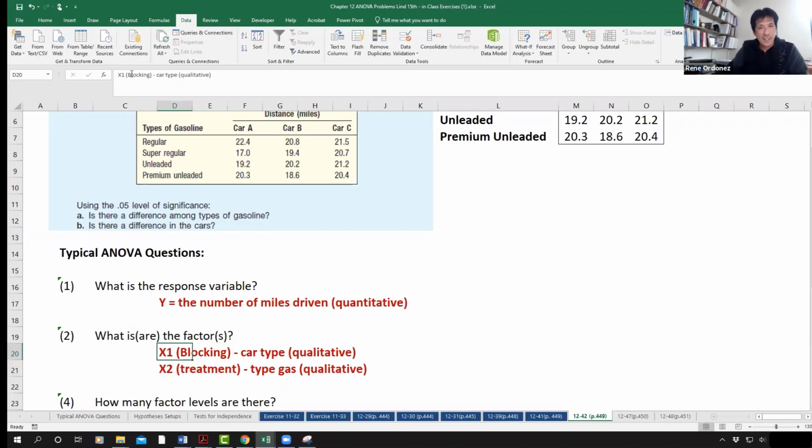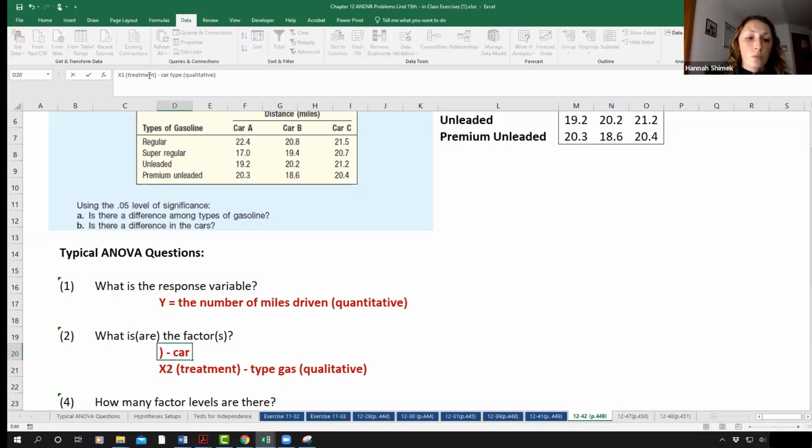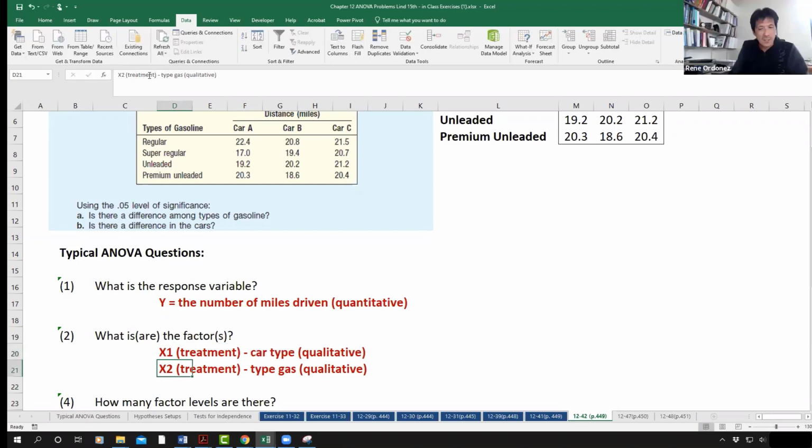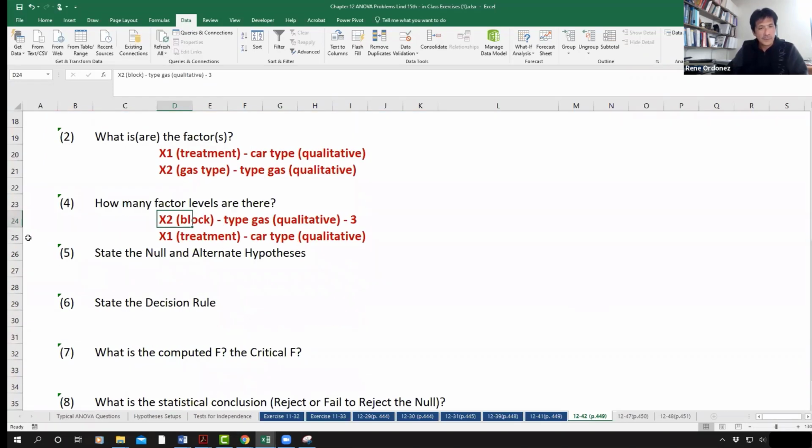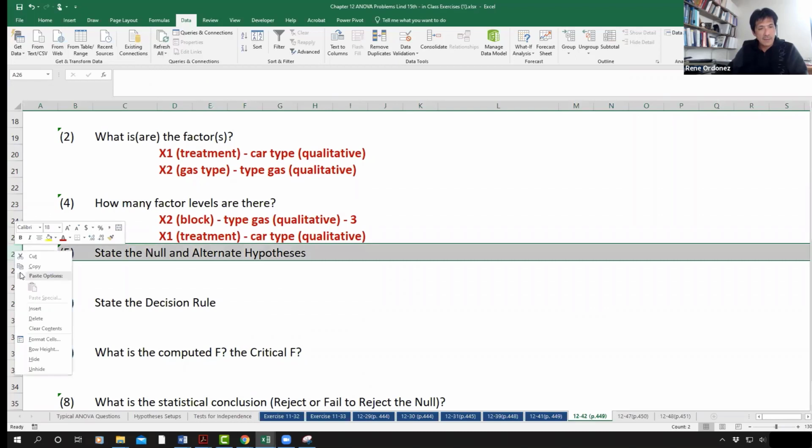So X1, car type. All right, that's good. This is X2, the gas type. Okay. All right, so I think this one is correct.